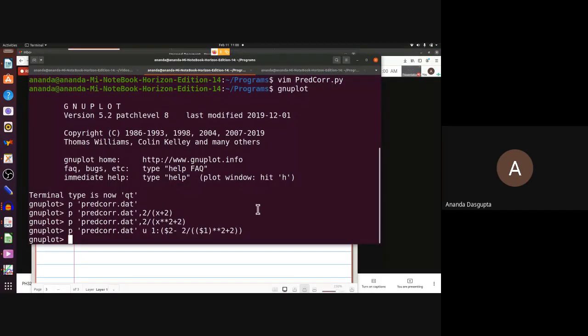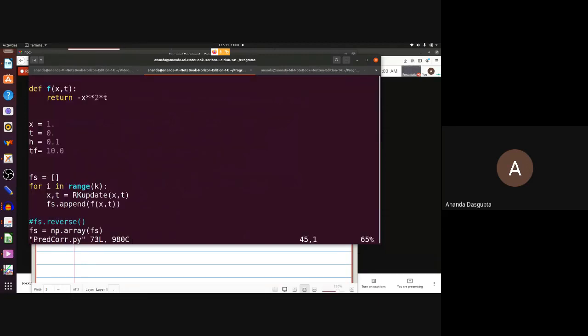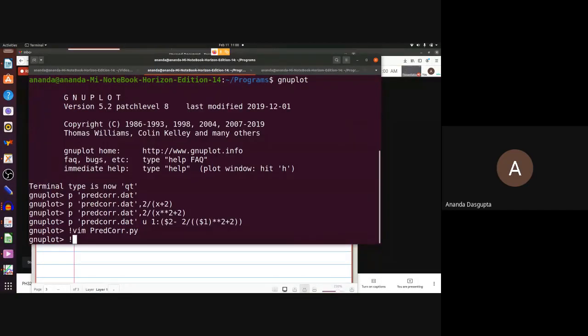Okay, just to see whether our prediction that this is a fourth order method really is correct, let me just change h to 0.01 and run the program again.